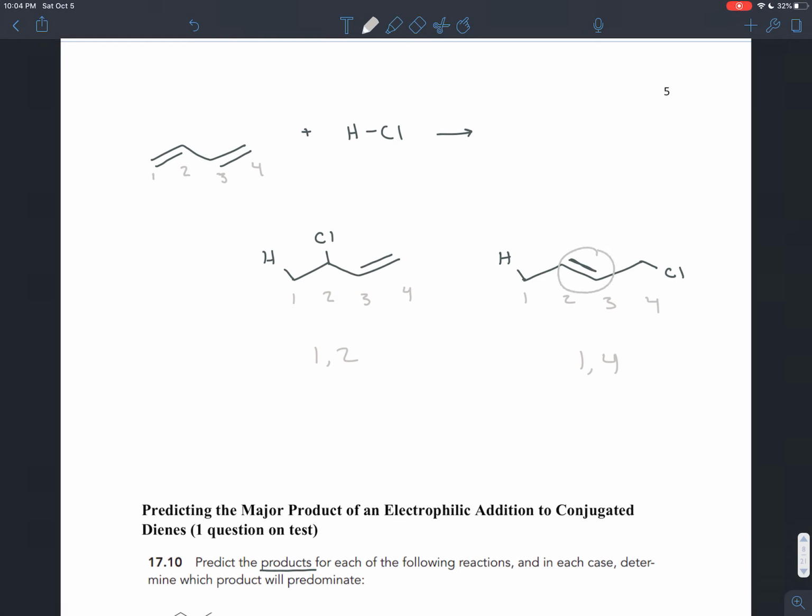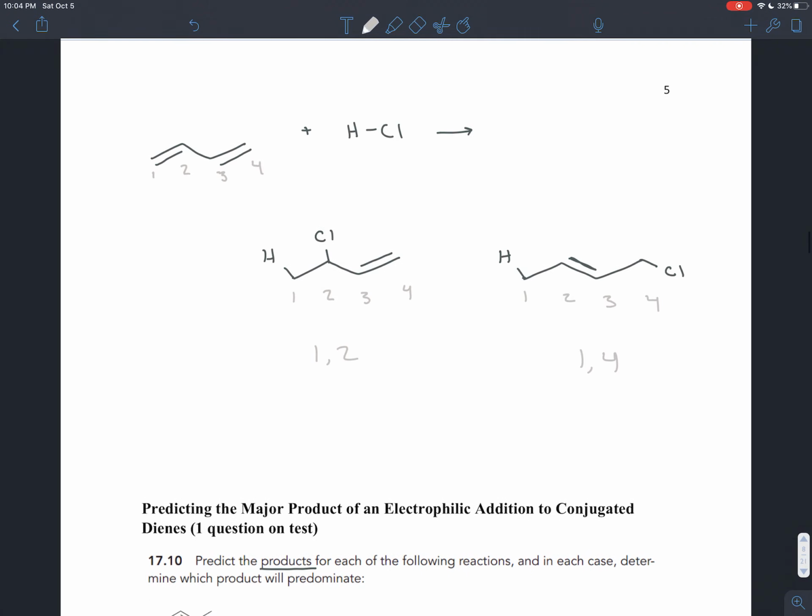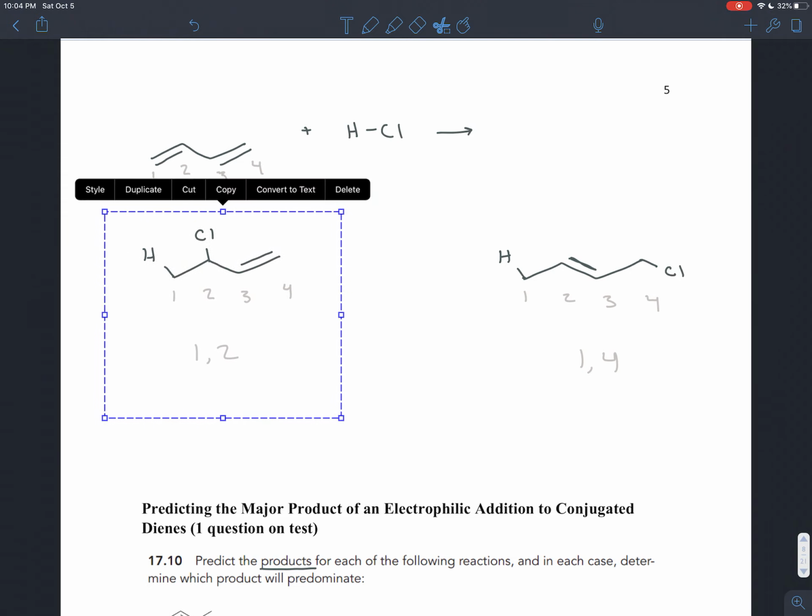Just watch out about how that pi bond changes in the 1,4 product. In the 1,4 product, the pi bond will always be between carbon 2 and 3. So you get each of these, the 1,2 and the 1,4 product, as the major product under different conditions.